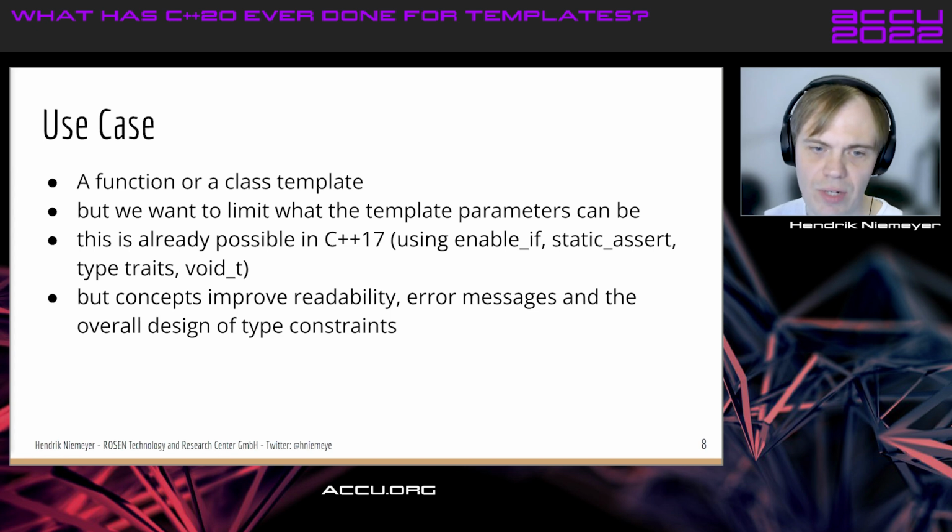So if we write concepts, the code that we get in the end is much more readable than everything there was before. We also get improved error messages, which tell us exactly what is wrong with our code and what we can do to fix it. And concepts and the associated type constraints also give us some rules on subsumption.